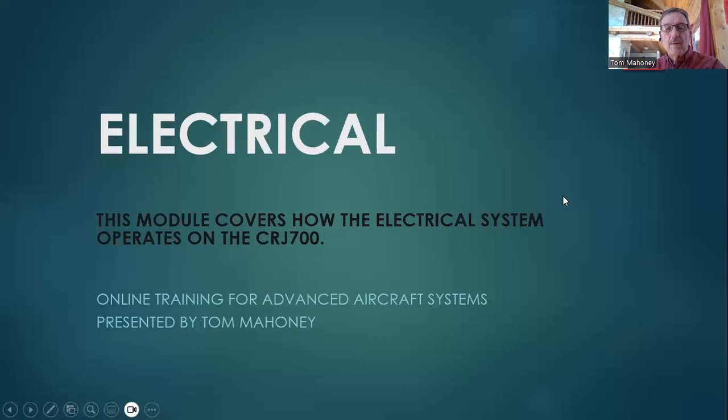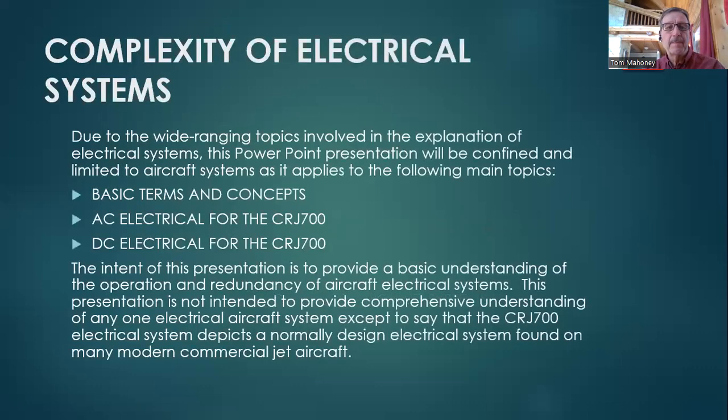So once again, this module covers how the electrical system operates on a CRJ 700. Due to the complexity of the electrical system, don't get too concerned. It's not that complex, but it is a little more complex, a little more out there in terms of understanding.